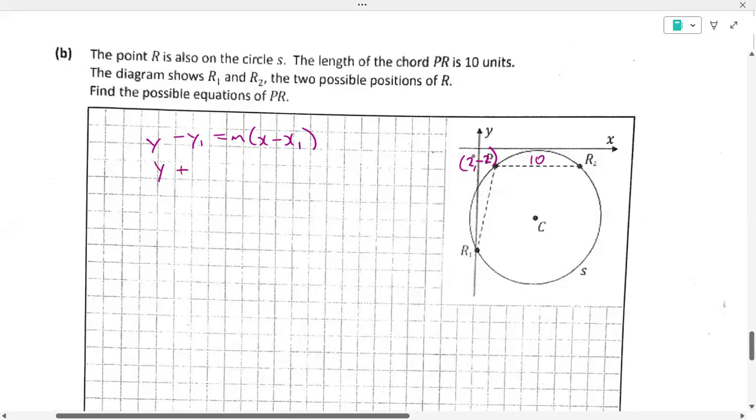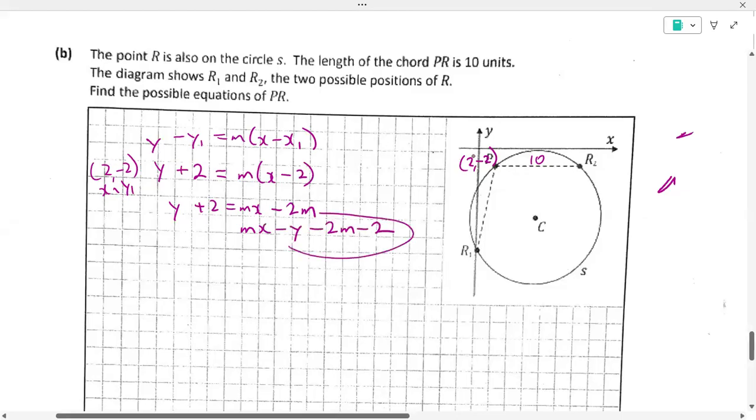We put our (2, -2) as x1, y1 into this equation. So x minus 2 goes in there. So y plus 2 is equal to mx minus 2m. And I guess we'll put it all on the one side. So mx minus y minus 2m minus 2.